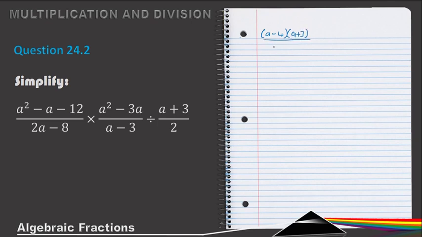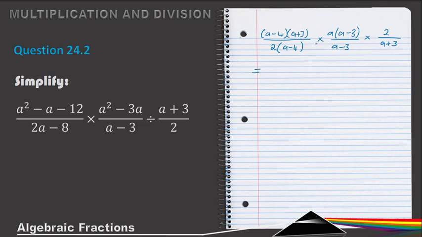Now the next one is just a common factor, so we have 2a minus 4, multiplied. Take out a common factor over here, a minus 3, and then this one is already factored, or can't be factorized. And then we swap these two around, so this becomes multiply 2 over a plus 3.